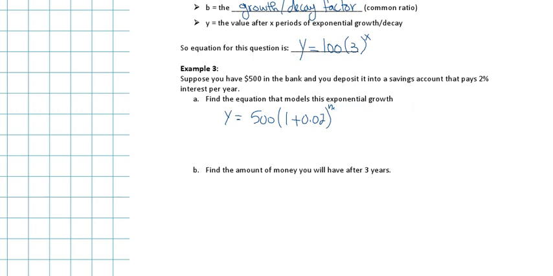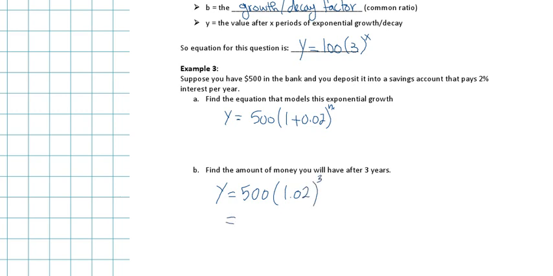So let's say I ask you in the next question, find the amount of money you will have after 3 years. What are you going to plug in for n? 3 years. That's the number of years, so that's 3 years from now. So in order to find your amount, you say y equals 500 times 1.02 to the power of 3, in years, not months.